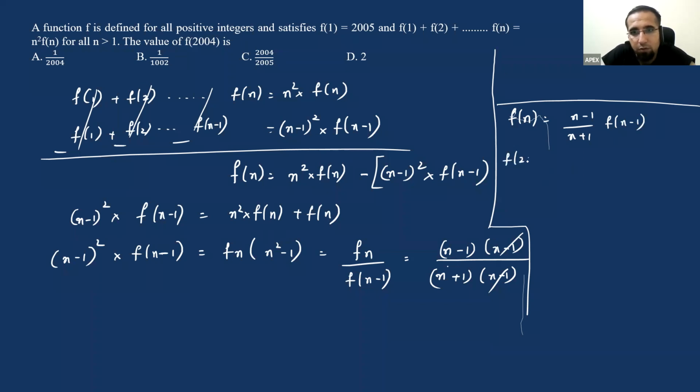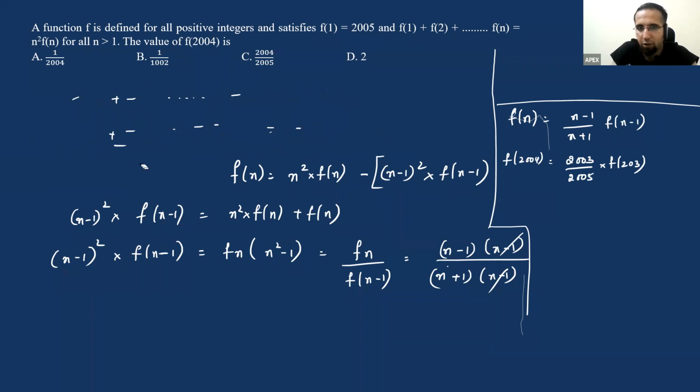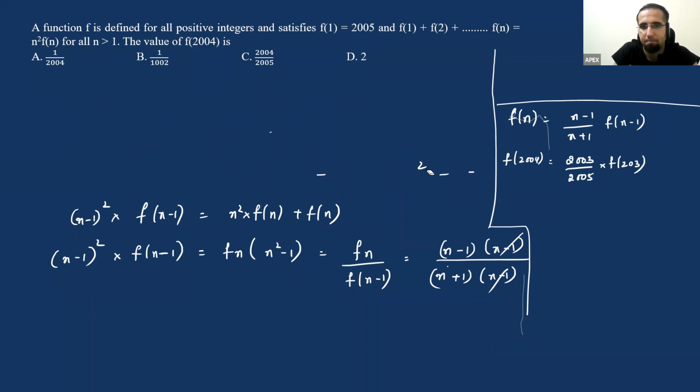Now let's understand f of 2004. What is f of 2004? That is 2003 divided by 2005 into f of 2003. Clear, guys? I'm erasing this part because I'll need a lot of space to calculate. So let us write this here: f of n is equal to (n minus 1) by (n plus 1) into f of (n minus 1).